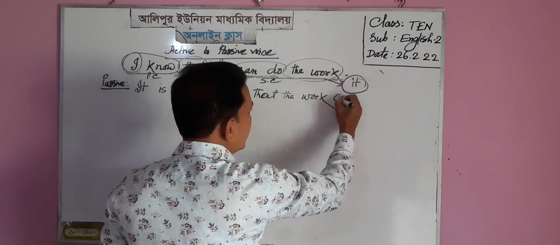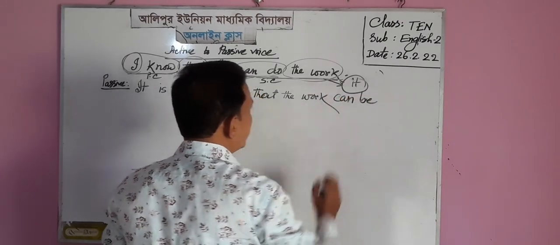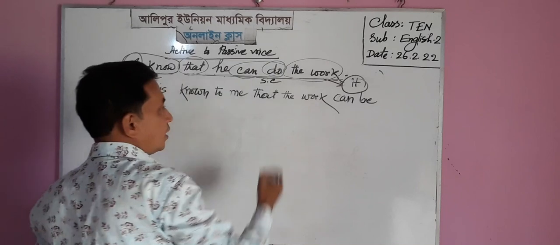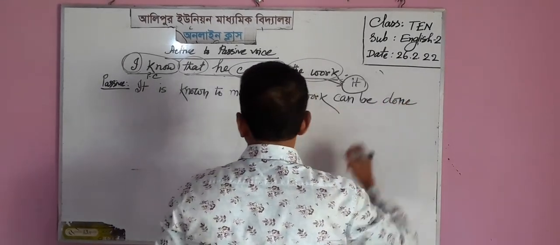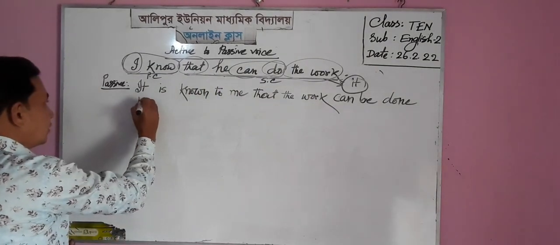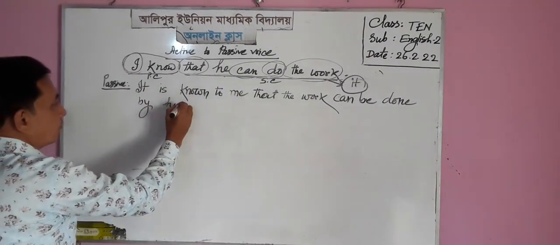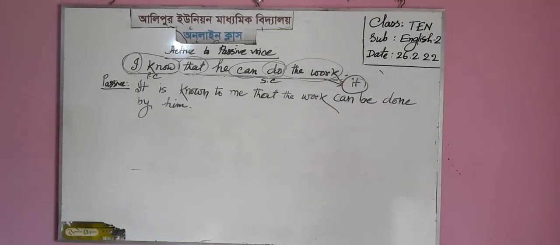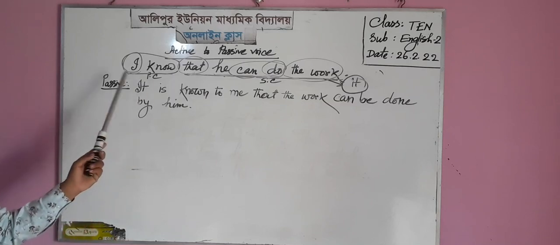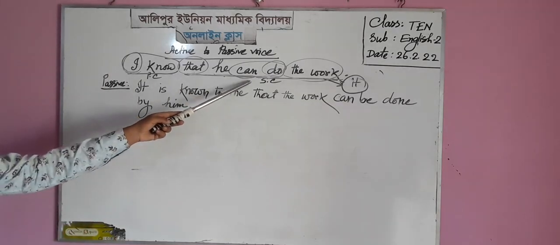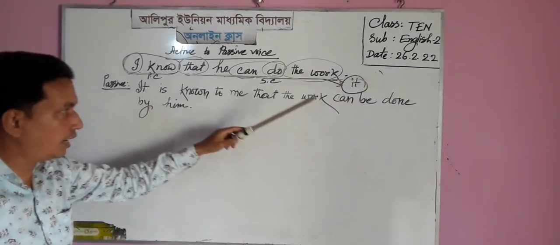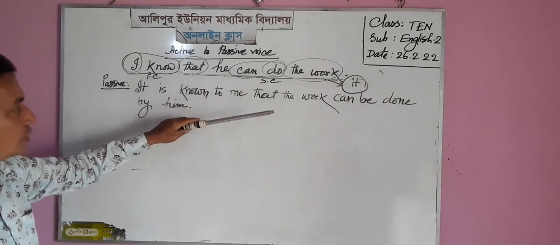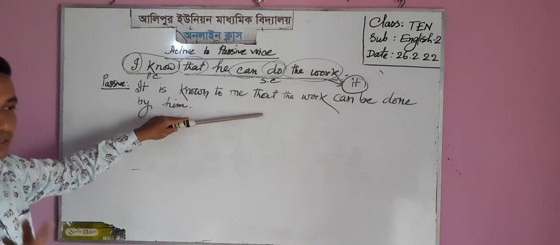Do is the principal verb, and its past participle form is done. Can be done by him. This is the answer of this active to passive change of the complex sentence. Yes, students, a complex sentence should be changed in both clauses.